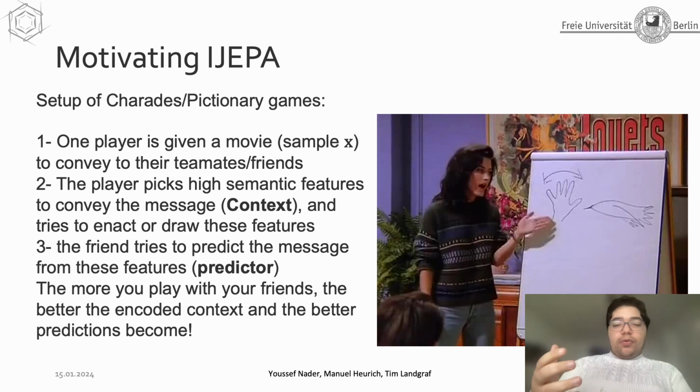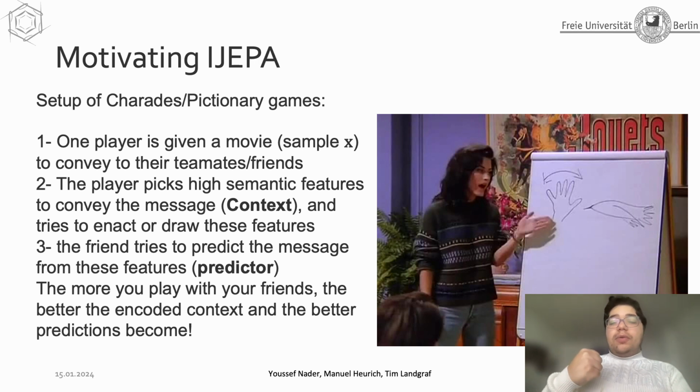And this could be a movie, for example. You get a movie name, and you need to tell your friend what this movie is without actually telling them the name. So you try to pick highly semantic features of that movie, something very memorable.